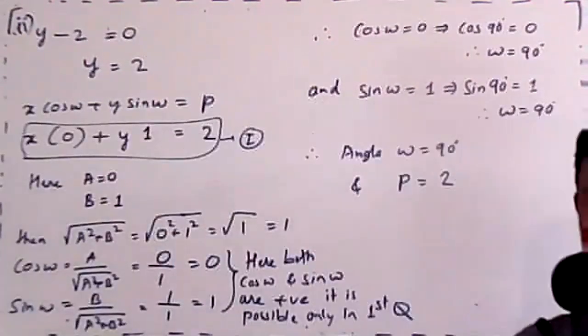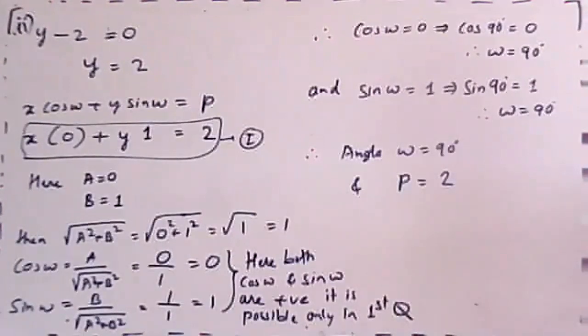If you're understanding this, no problem, we'll go to the third one. Third one, x minus y is equal to 4. If you have the textbook with you, please verify the answers also. Ritika, Vaishnav, Shilpa, right?